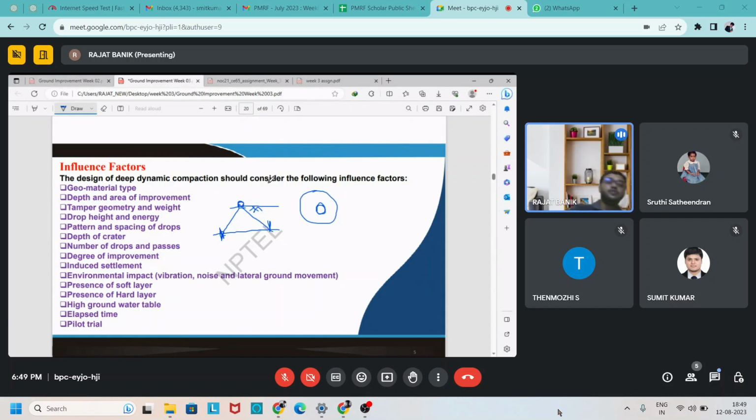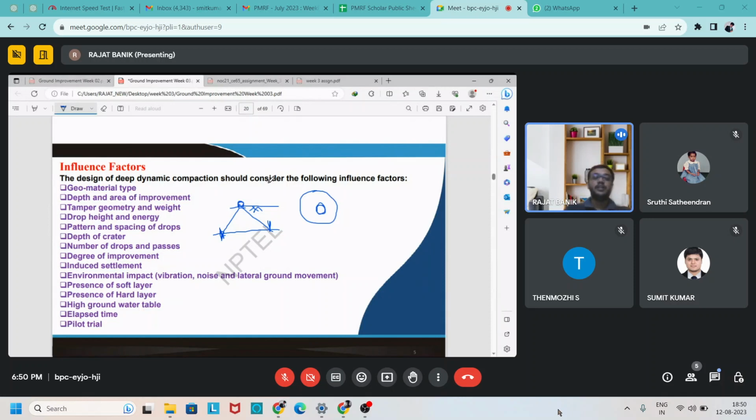Also, it is influenced by the tamper geometry and weight. If the tamper is heavy, the improvement is quite good or very good in nature. Geometry also matters, whether it is rectangular, circular or square in shape. It also depends on height and energy.